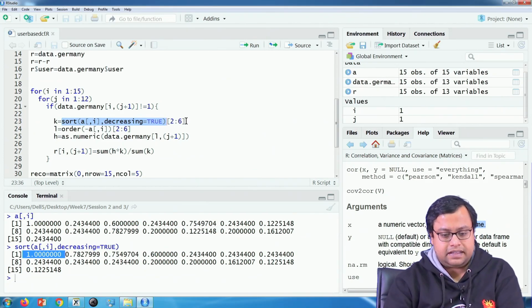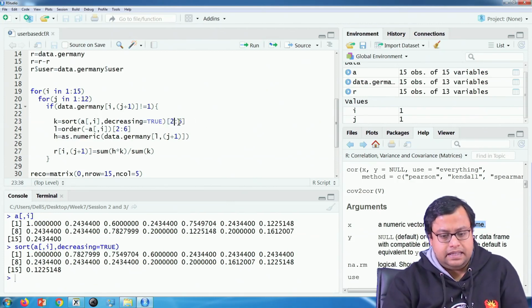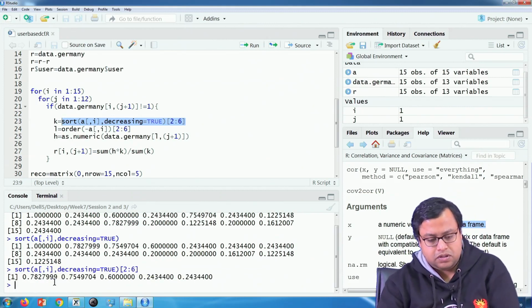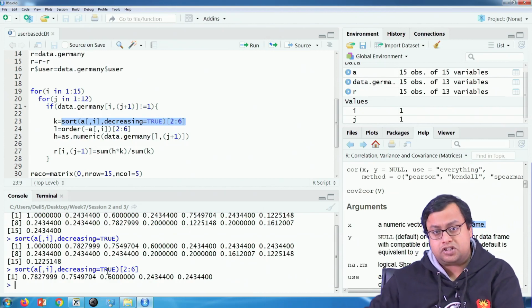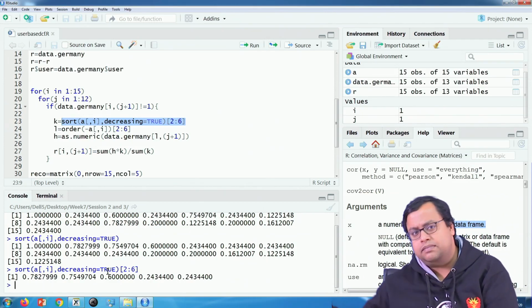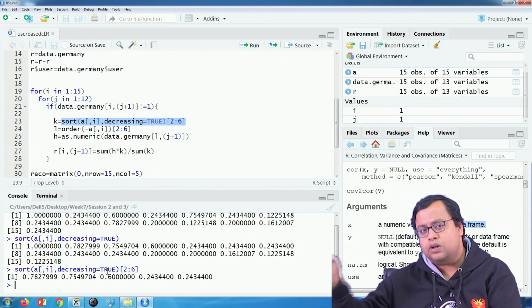I will take 2 comma 6, the next 5 best. So these are the top 5 similarity scores for the ith customer with his neighbors, that means with his most similar customers.